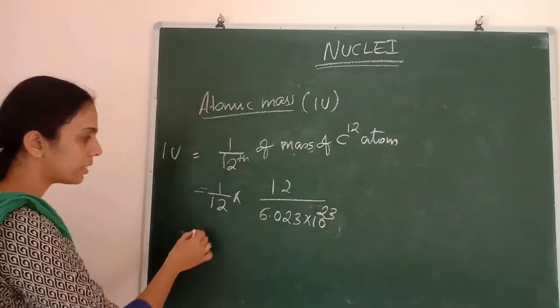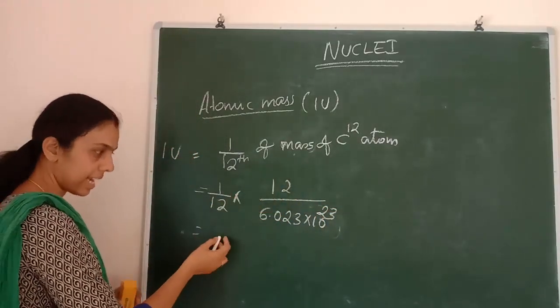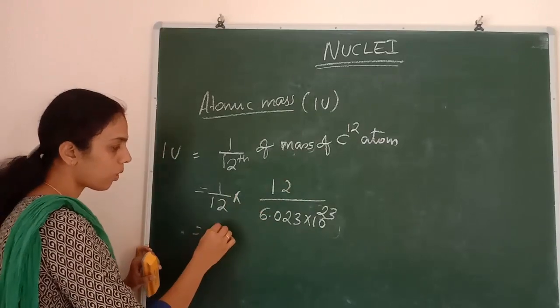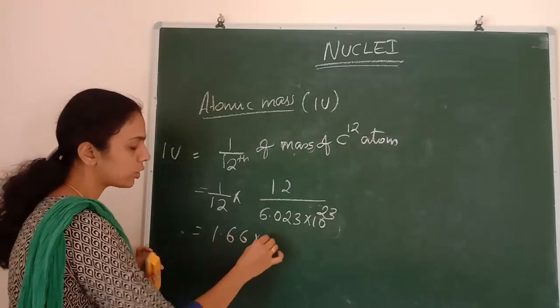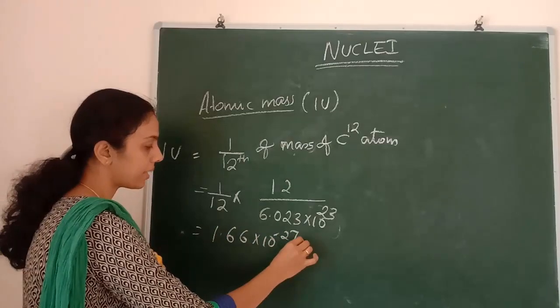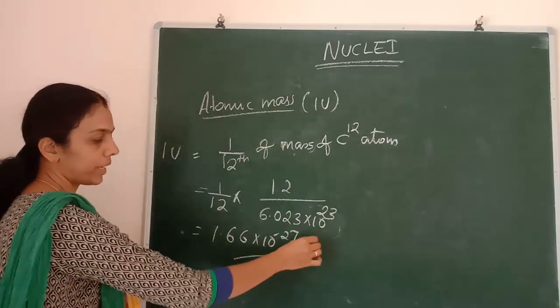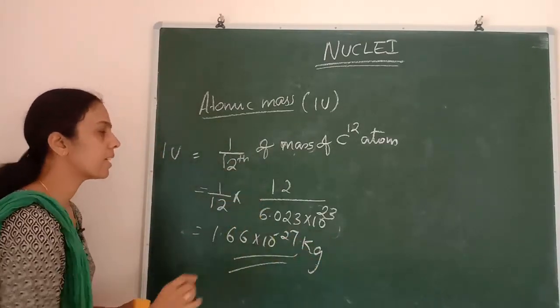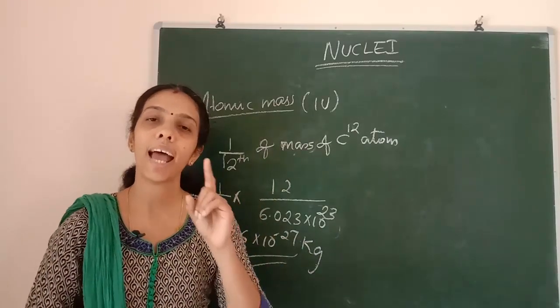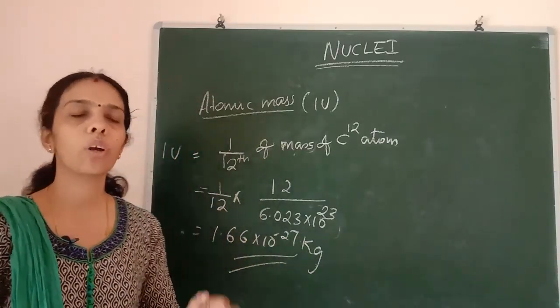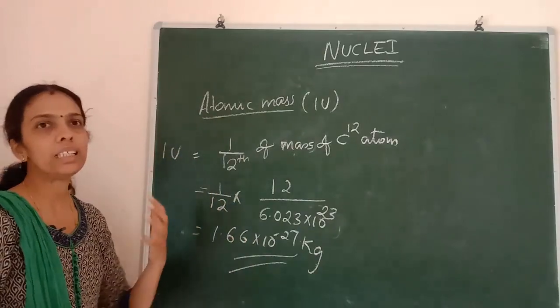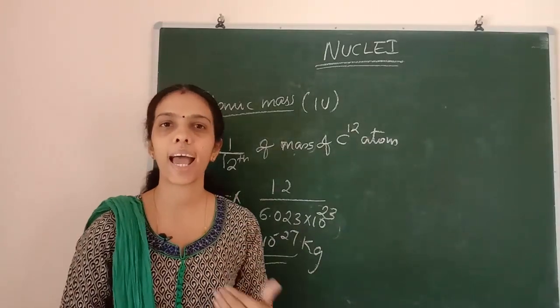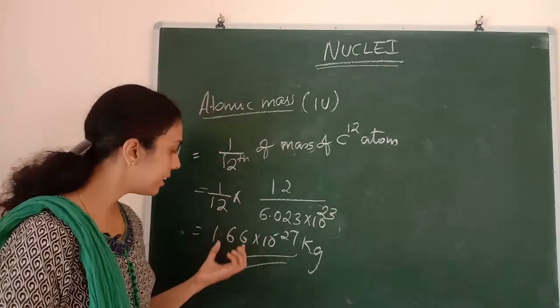While cancelling this, we will get 1.66 into 10 to the power minus 27 kilogram. So this is the mass of one atomic mass unit. If we are representing the mass of one atom, we will be representing it in the order of this.